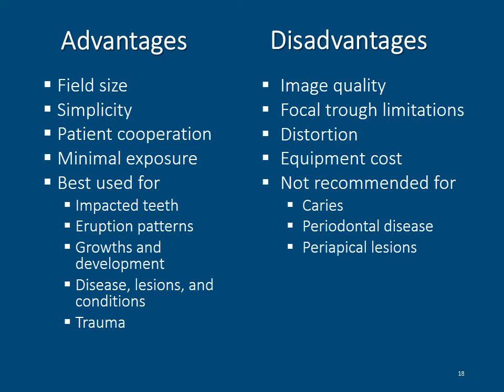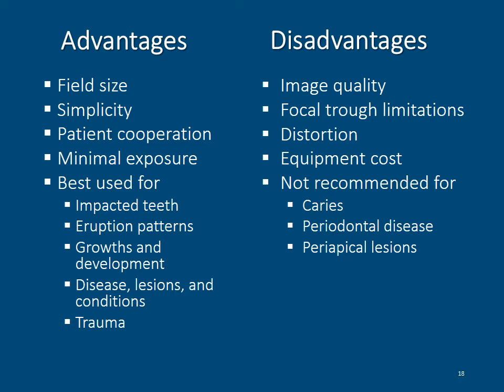There are both advantages and disadvantages for taking this type of radiograph. The advantages include what we call field size. This is the total amount of area that is covered when an exposure is made. We have a large area to evaluate, much more so than any other type of film that we take. It is also very simple and easy to accomplish, and it's very patient comfortable, therefore you have a lot of patient cooperation.